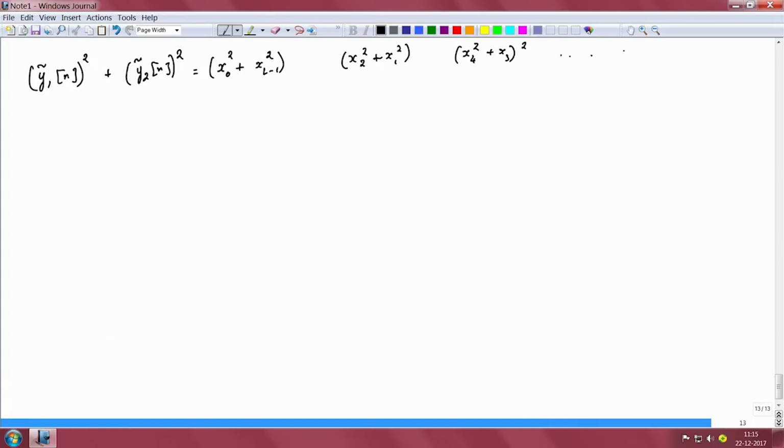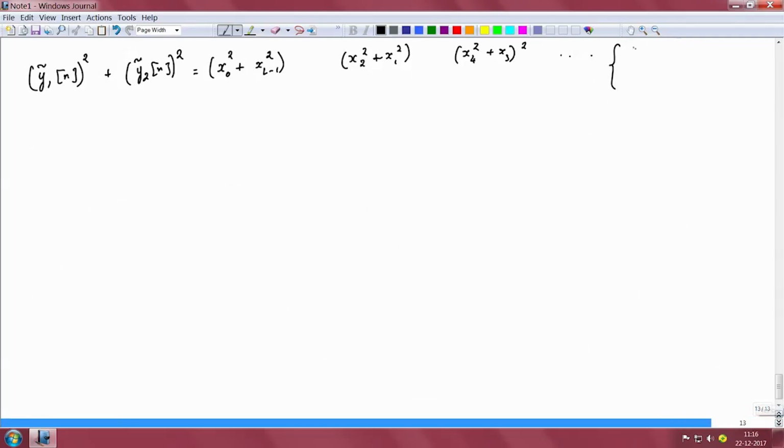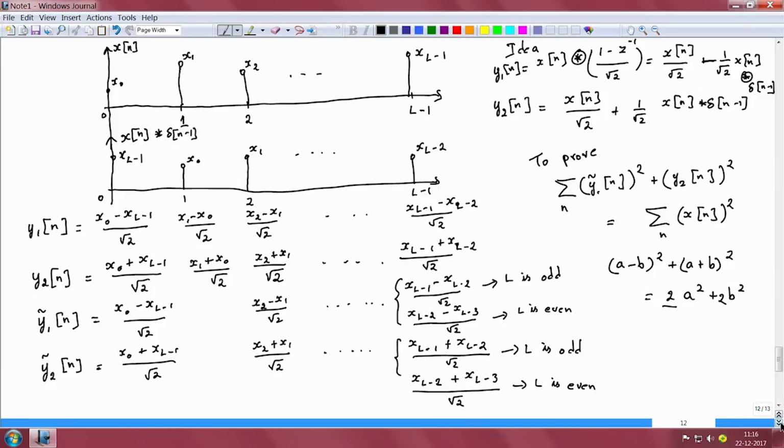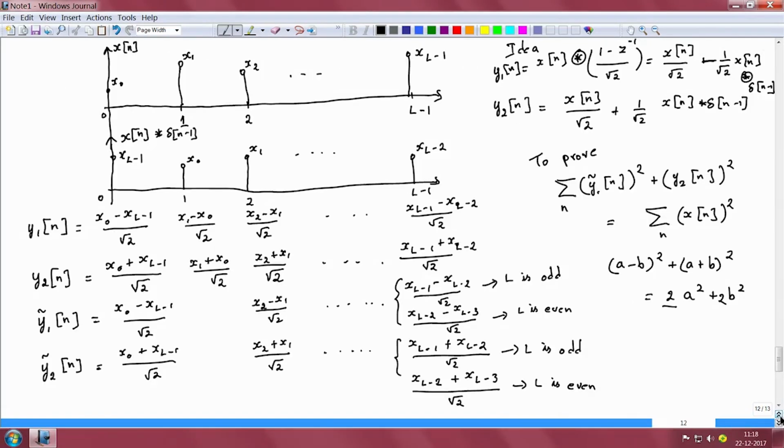And the last term depends on whether L is odd or even. So, here we have two cases. Depending on the case that we have, it will be x L minus 1 whole square plus x L minus 2 whole square if L is odd, and for L even, the final value is going to be different.